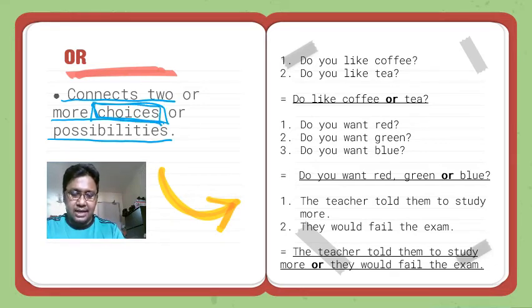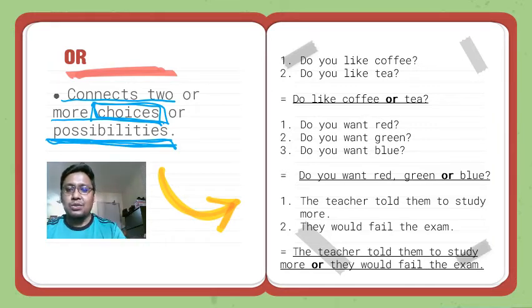Choices mean, let's say you have two, three things from your parents, or you can ask for more than one thing, or either you want to go to school or you want to go to the library or you want to go for a job. So that's what we call choices. Possibilities means something that may happen or may not happen.